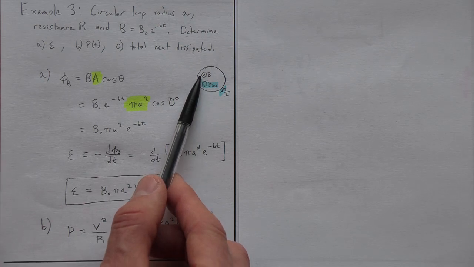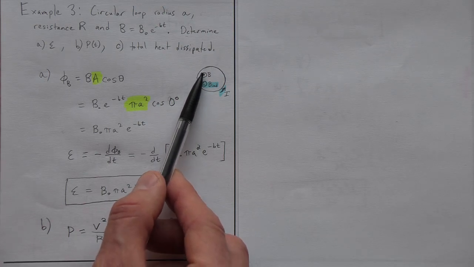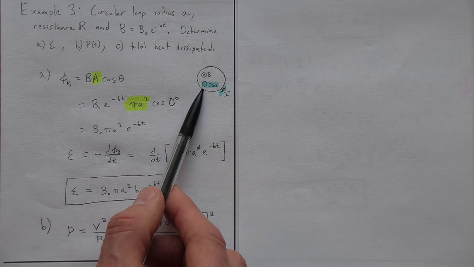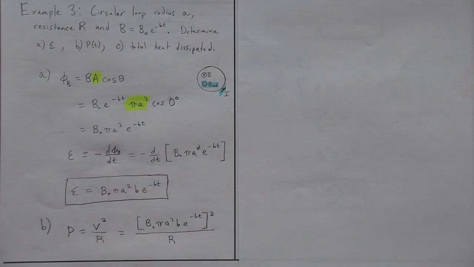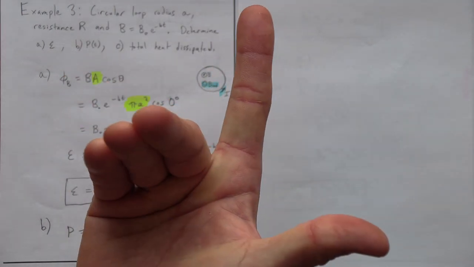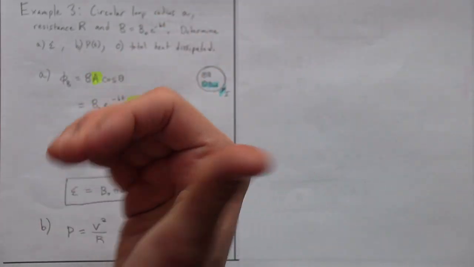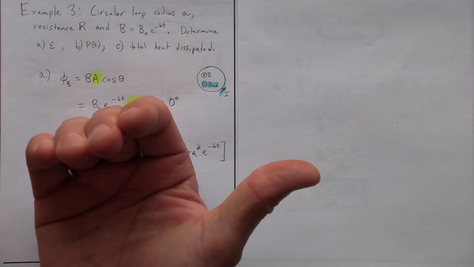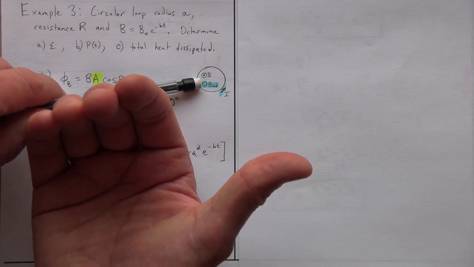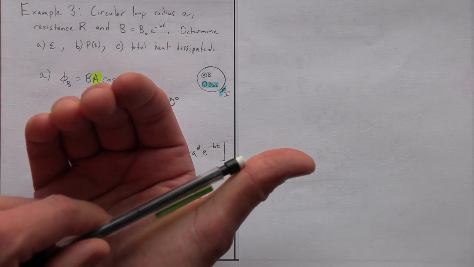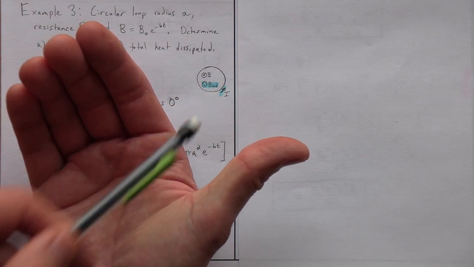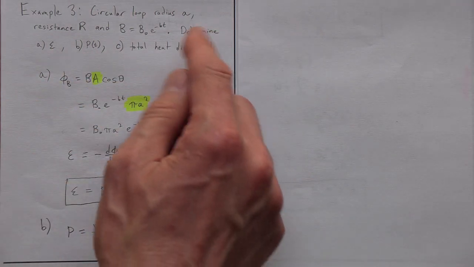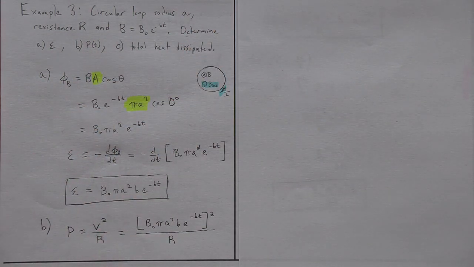If we're losing this, to oppose that, you add more to try and keep it constant, out of the paper. Then we use not this right-hand rule, but this one. You put your fingers in the direction of the magnetic field induced, and then your thumb will show the direction of the I induced in the wire down below. So the current goes counterclockwise.